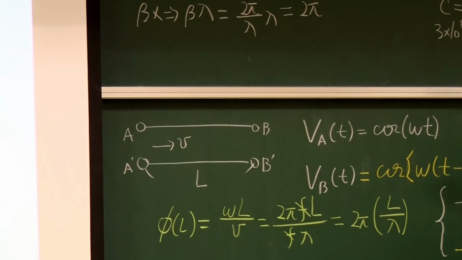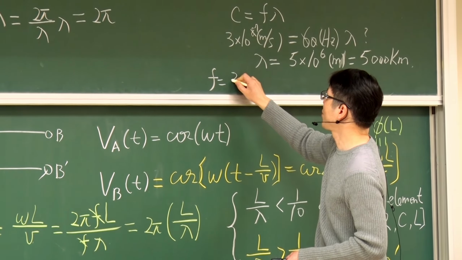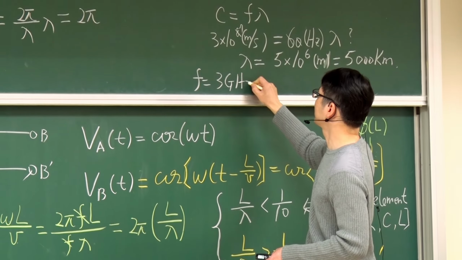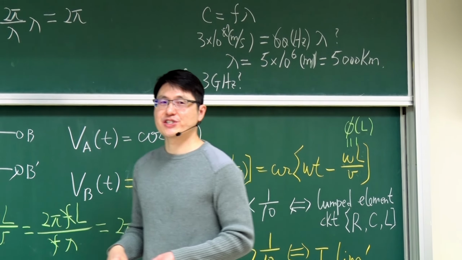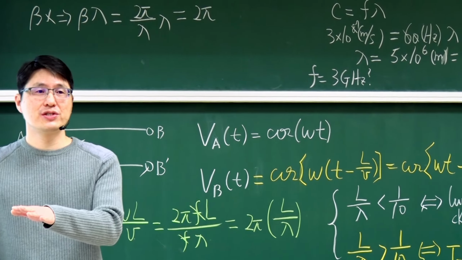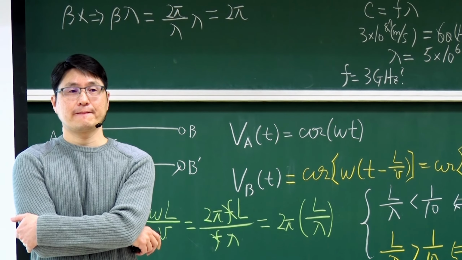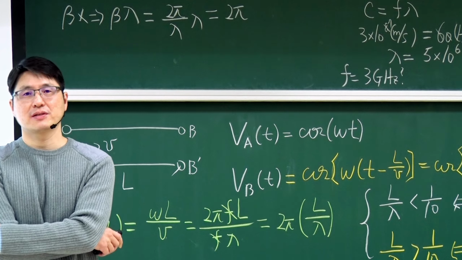Now what happens, try to do some calculation. What happens if your f is 3 gigahertz? Why do I choose 3 gigahertz? That's probably the clock rate for your CPUs. For your computers, it's roughly 3 gigahertz.